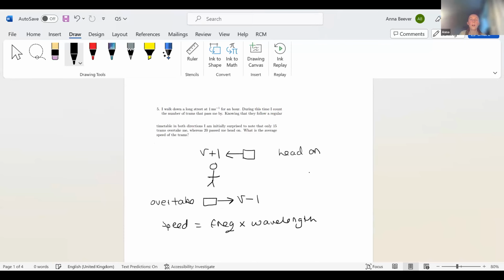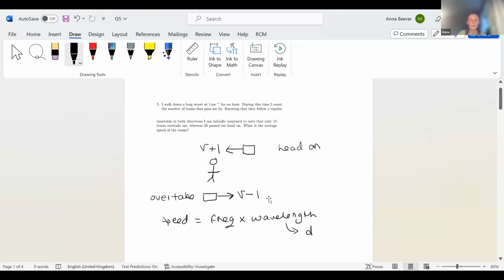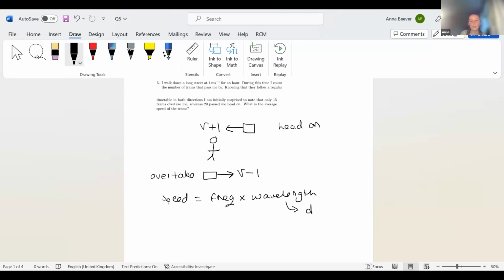Now these are kind of like waves because the trams are passing you regularly, they're equally spaced between them, so the wavelength here is our distance d. So you can kind of see the trams passing you as sort of like wave fronts, and this is almost like a Doppler effect.